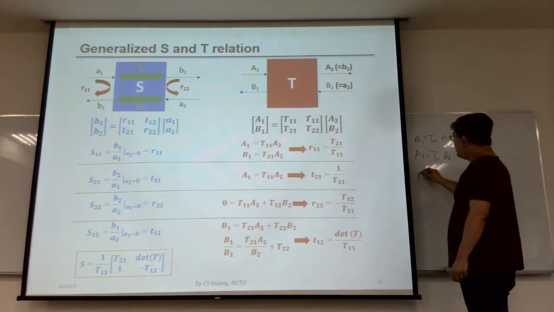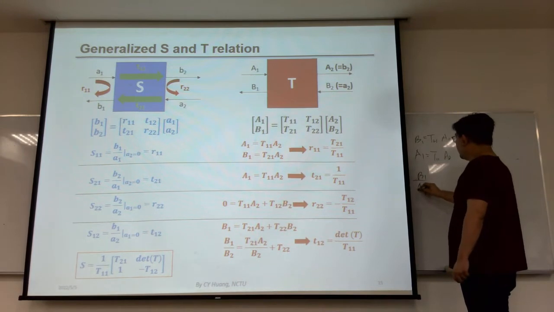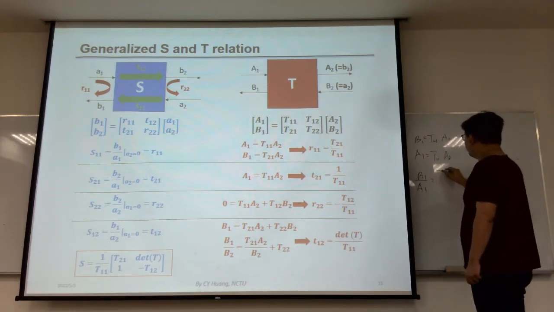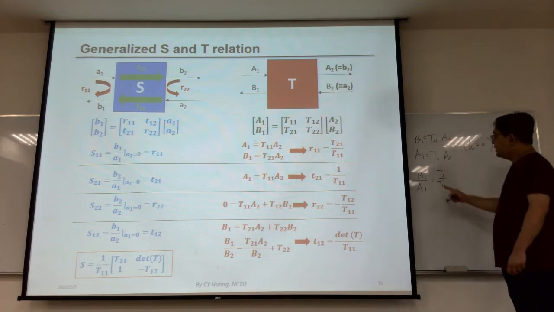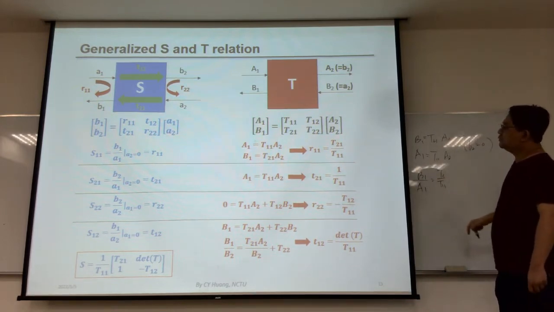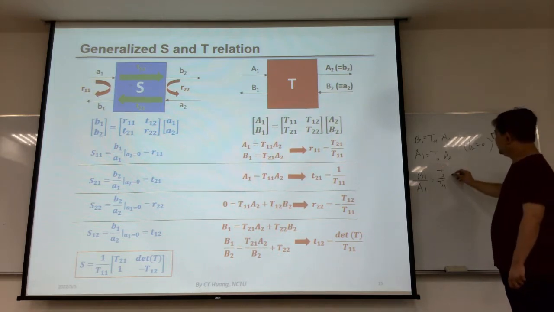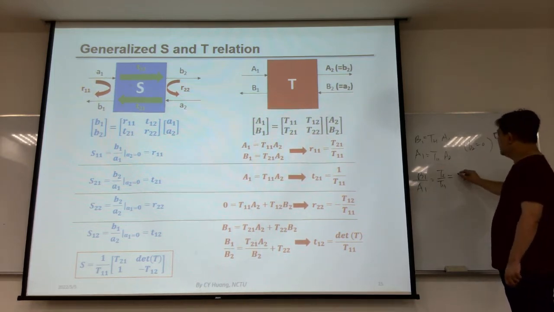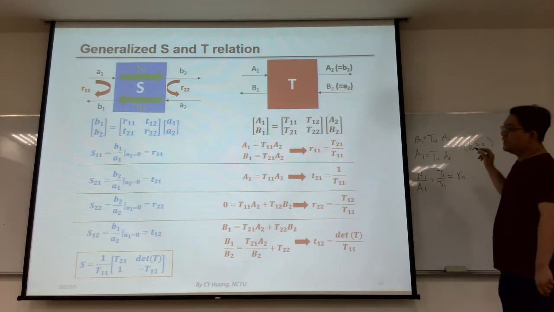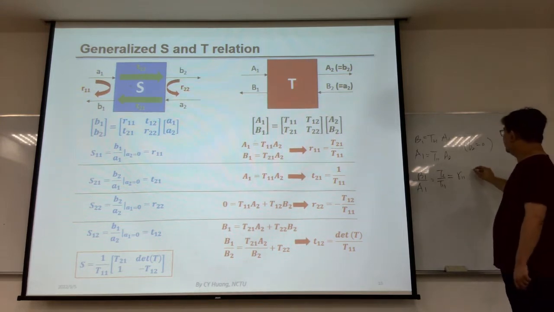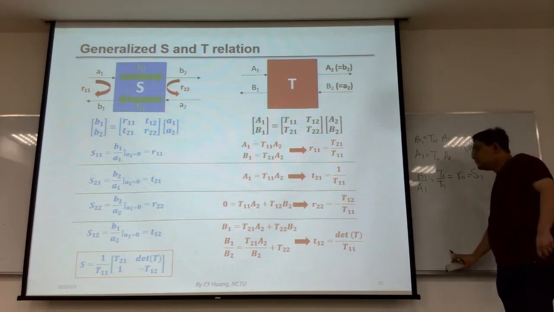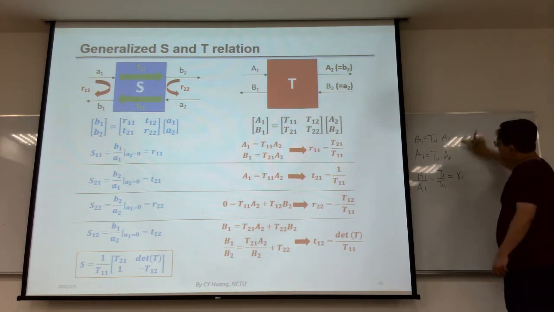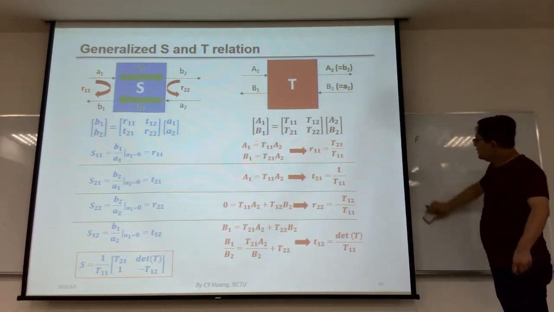Then B1 over A1 should be T21 over T11. And this obviously should be the reflection in the first port. So it's physically equal to R11. And R11 equal to S11. Okay. So we can just build it column by column and row by row.